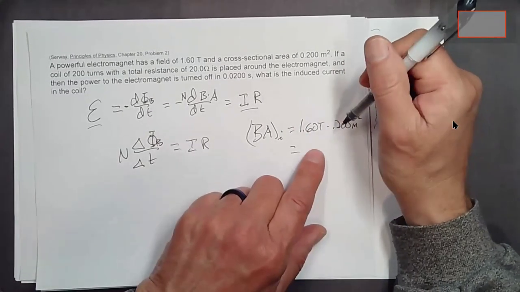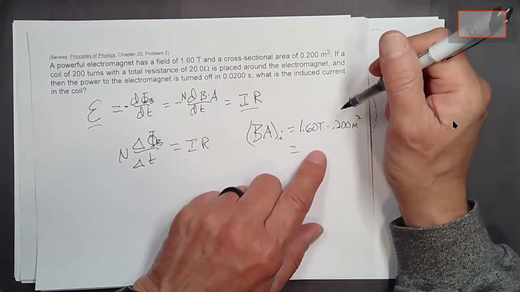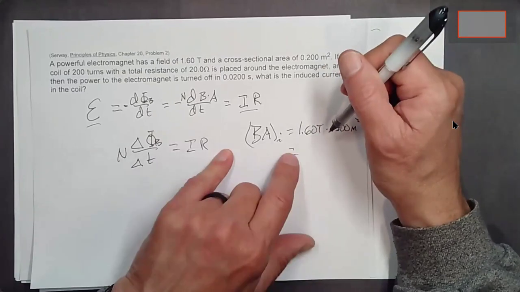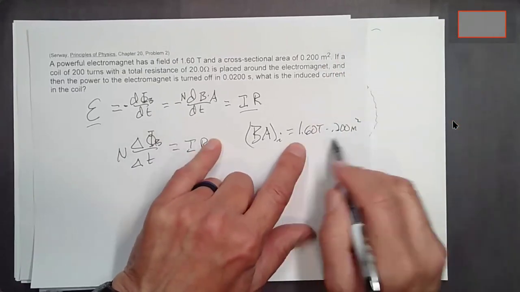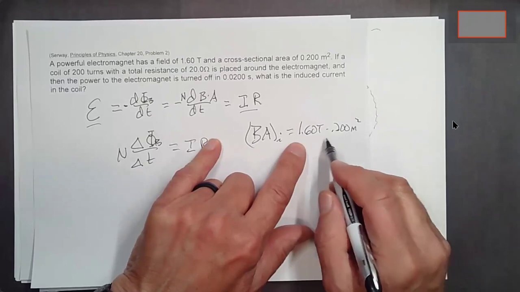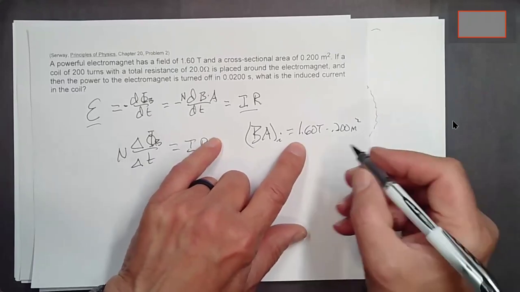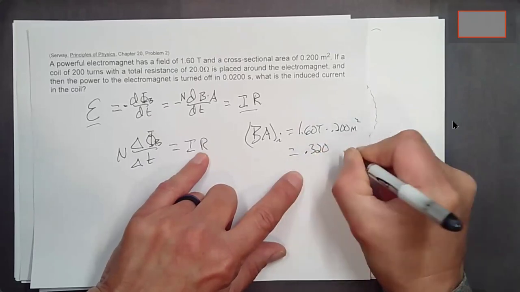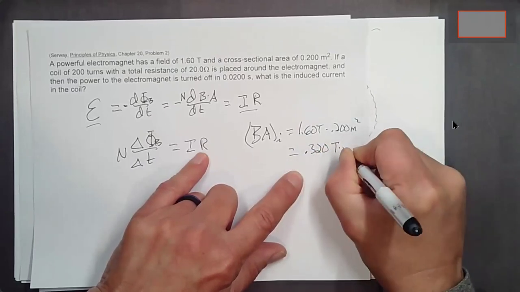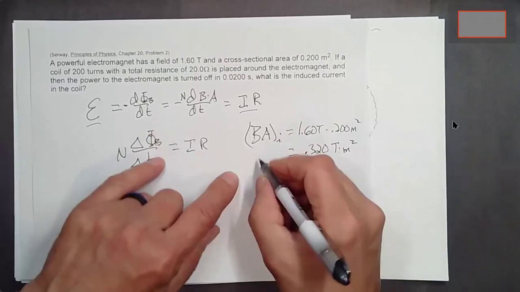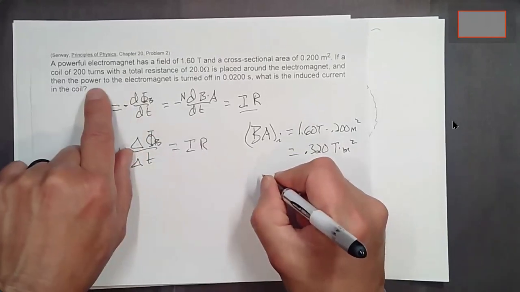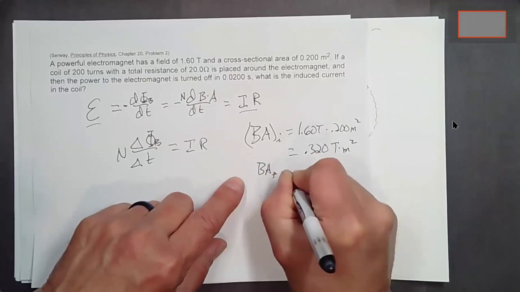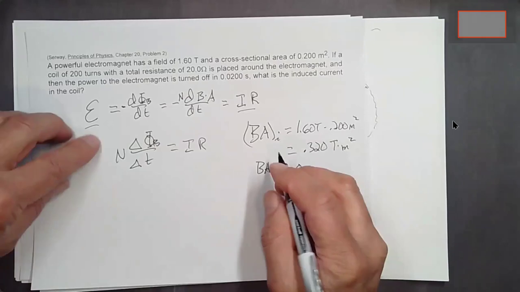That's what a Weber is. A Weber is actually a unit of magnetic flux, which I'd forgotten until last night. I happened to look it up again. But anyway, 1.60 times 0.2 comes out to 0.320 Tesla meters squared. For B A final, the power to the electromagnet is turned off, so B A final is equal to 0.